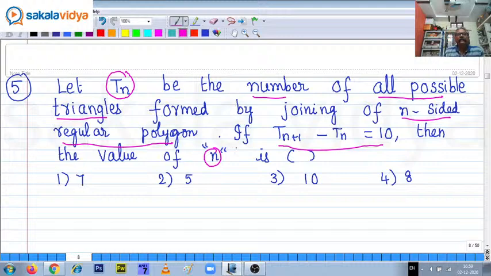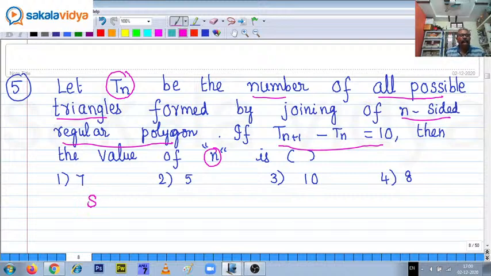So if there are n non-collinear points, the number of possible triangles that can be formed is the number of combinations, the number of selections of 3 vertices out of n vertices, that is nC3.